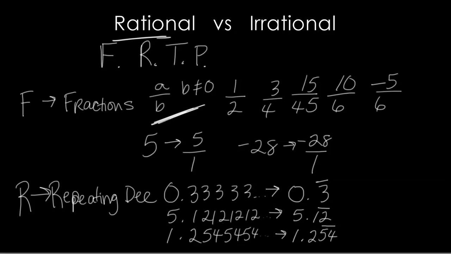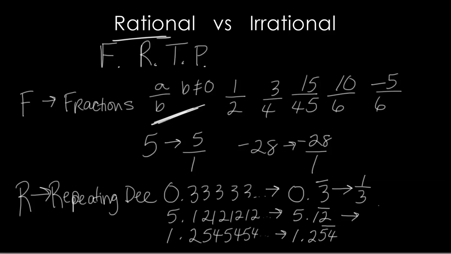Now, did you know that repeating decimals can actually be written as fractions as well? We will probably cover that in another video, but just suffice to say that 0.3 repeating can be written as 1/3. When you do 1 divided by 3 on a calculator, it gives you that repeating decimal. What about 5.12 repeating?